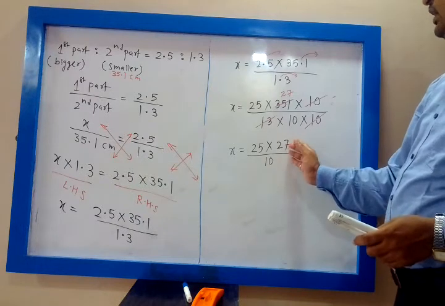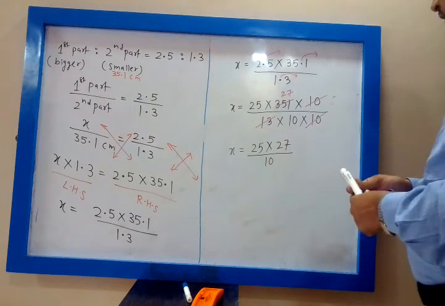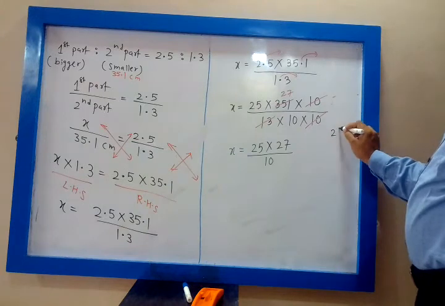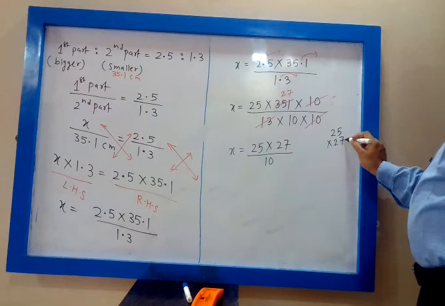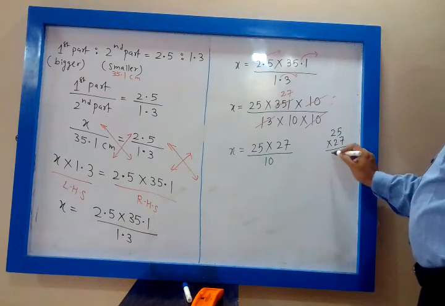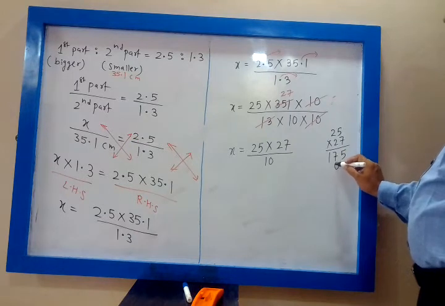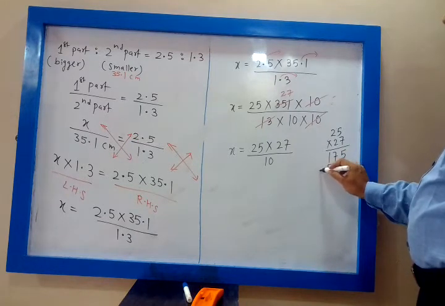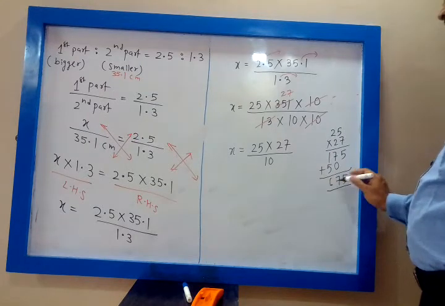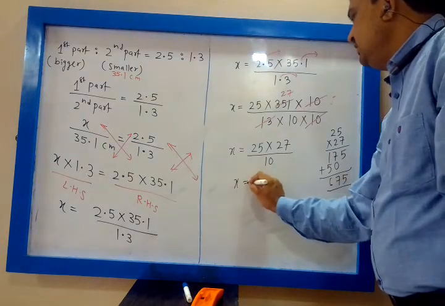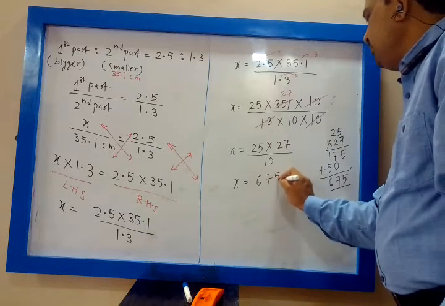So I will multiply 25 and 27 and place the decimal because there is 10 in the denominator. 7 5s are 35, 7 2s are 14 plus 3, 17, 2 5s are 10, 2 2s are 4 plus 1, 5. 675. X is 675 upon 10.